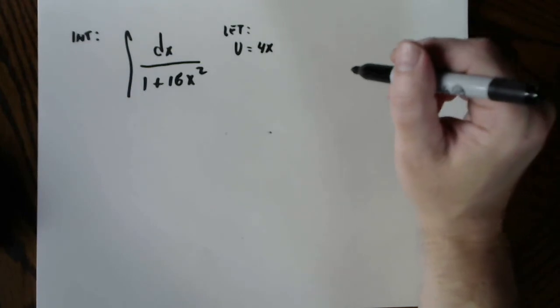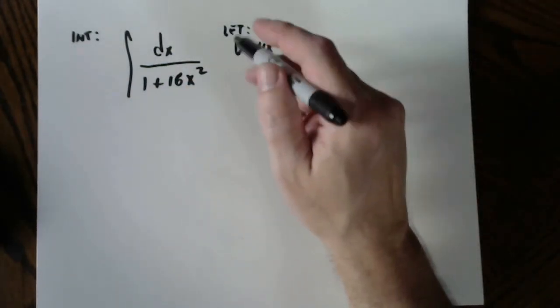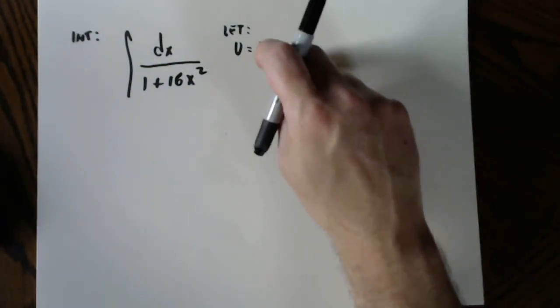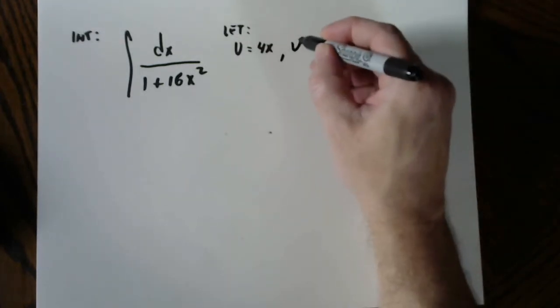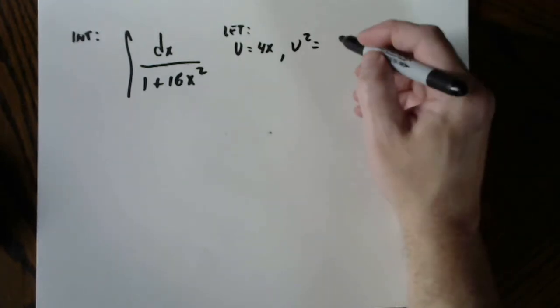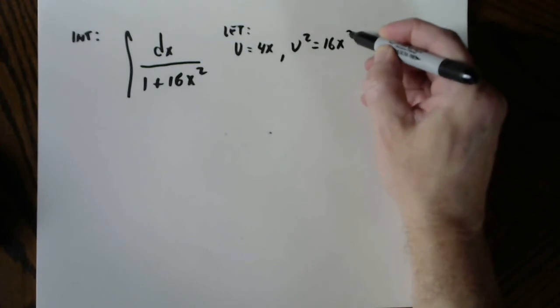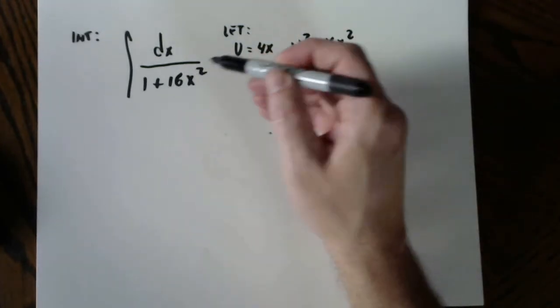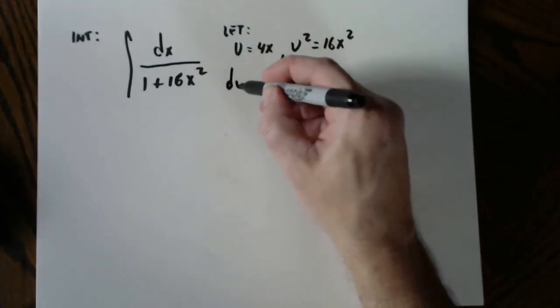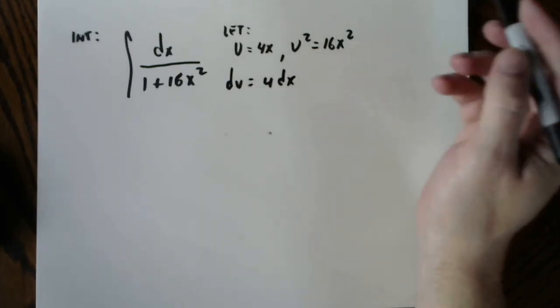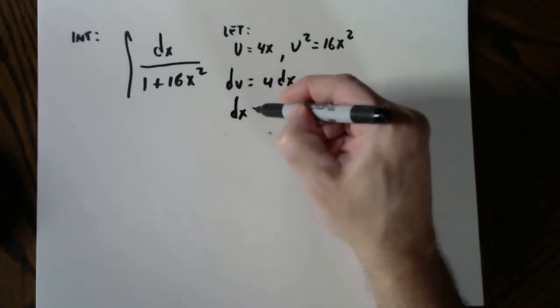So why did I choose 4x? Because I don't see 4x here. So you might think that's a strange choice. Well, that means u squared is 16x squared. And I see that here. So I can pop in a u squared there. Don't forget du. What does that mean? That means dx is 1/4 du.